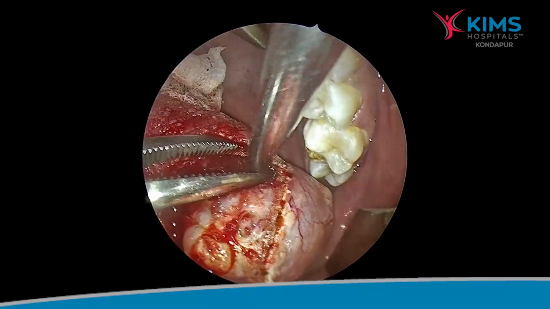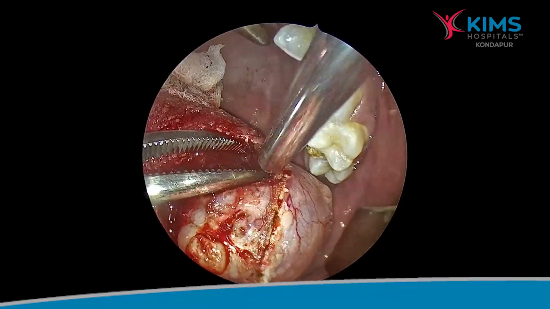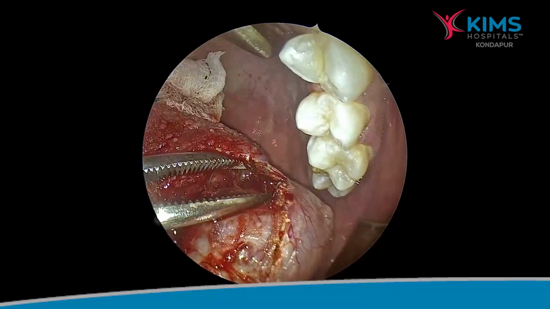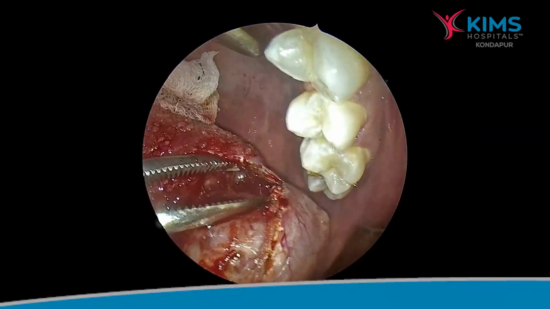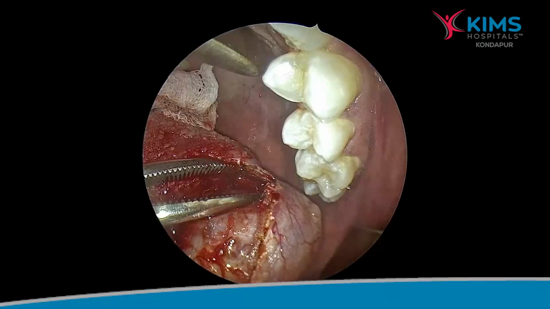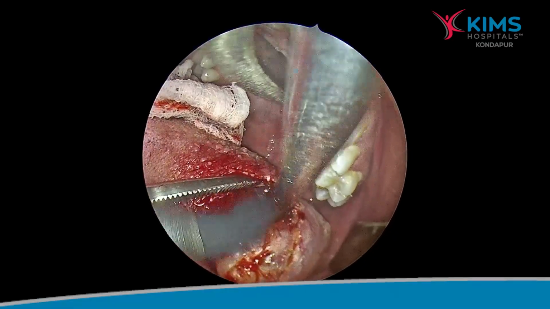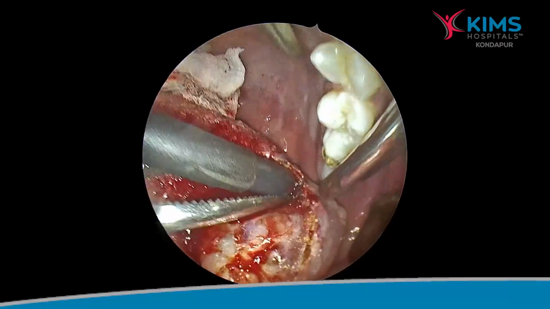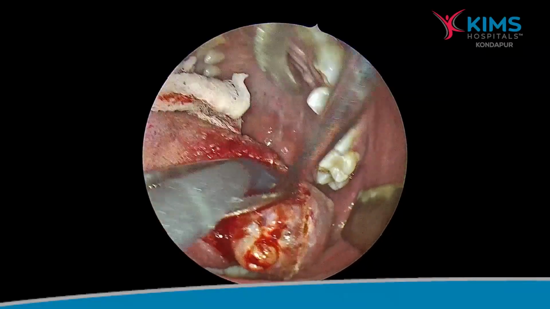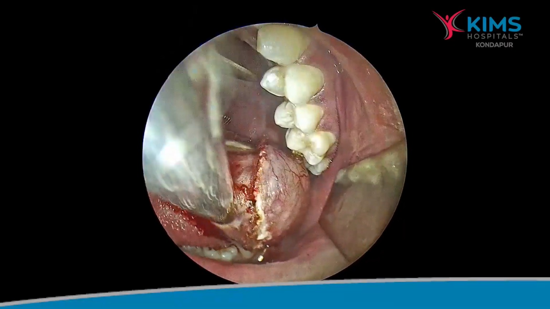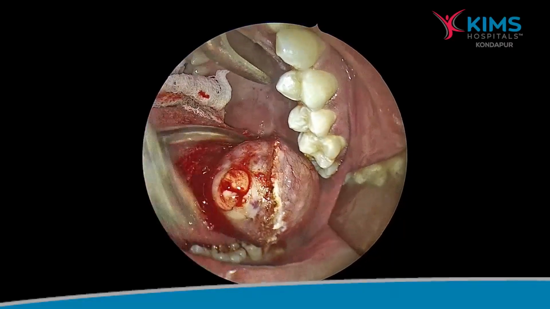You can see that hemostasis is secured well. The medial part of the tumor is taken care of, extending posteriorly in the plane of dissection only. We are not going through the tumor or deep into the tumor. Again, hemostasis secured well by Coblator band. The plane is in our view.